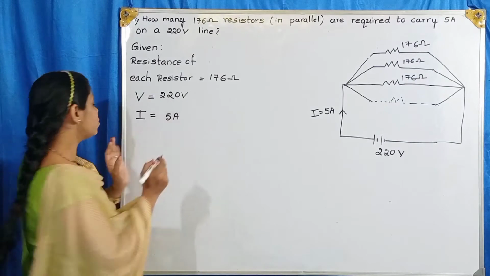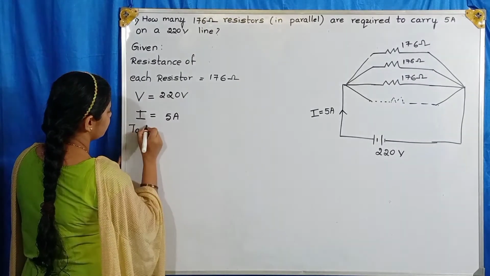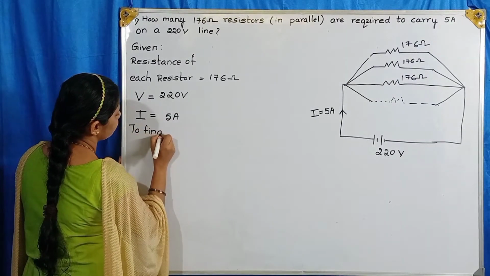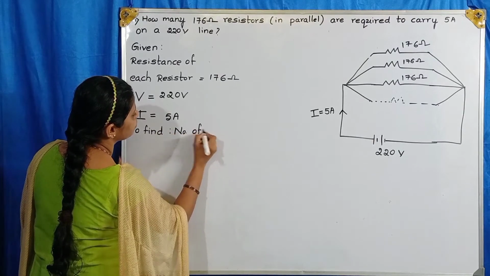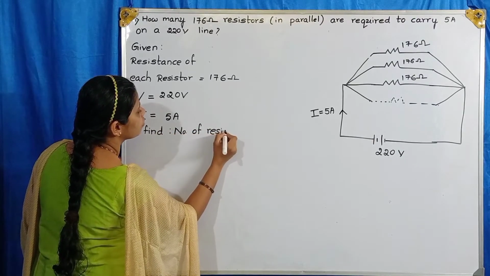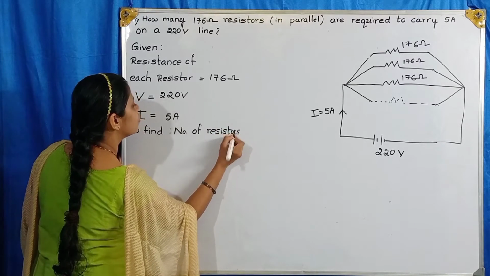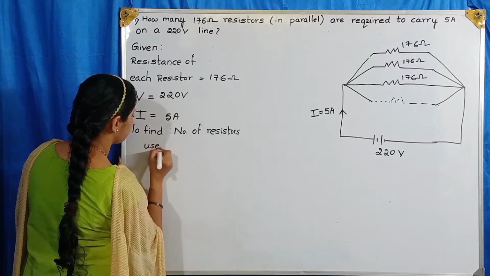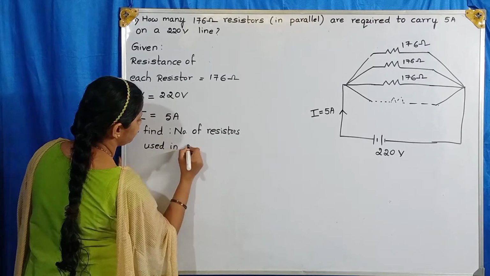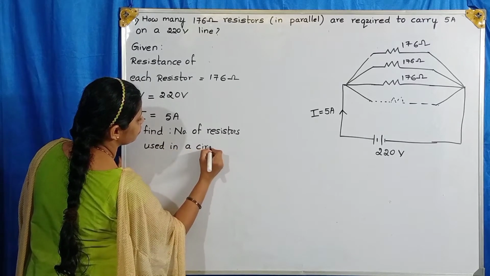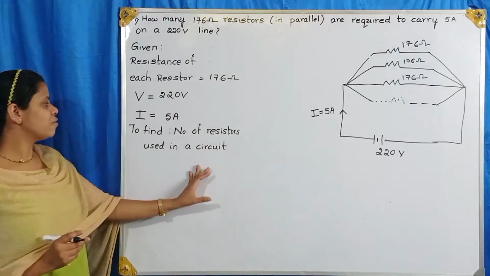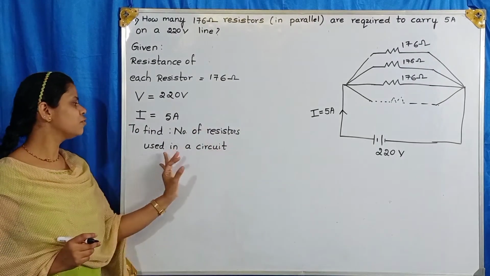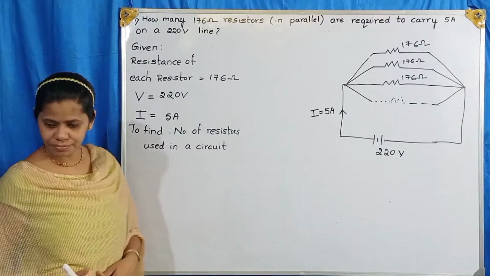What we have to find out? Number of resistors used in a circuit. Okay, we have to find out the number of resistors used in a circuit.